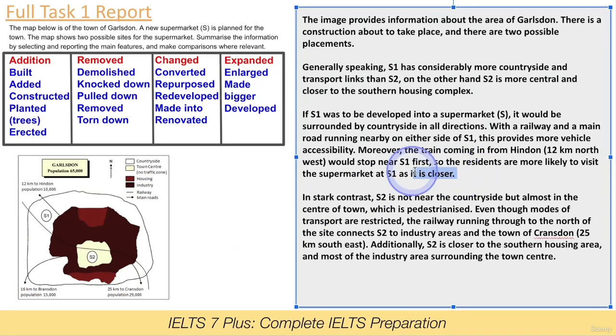Okay. I'm just thinking about this paragraph. It's not our job to comment on things outside of the map, really. So we can maybe change this.